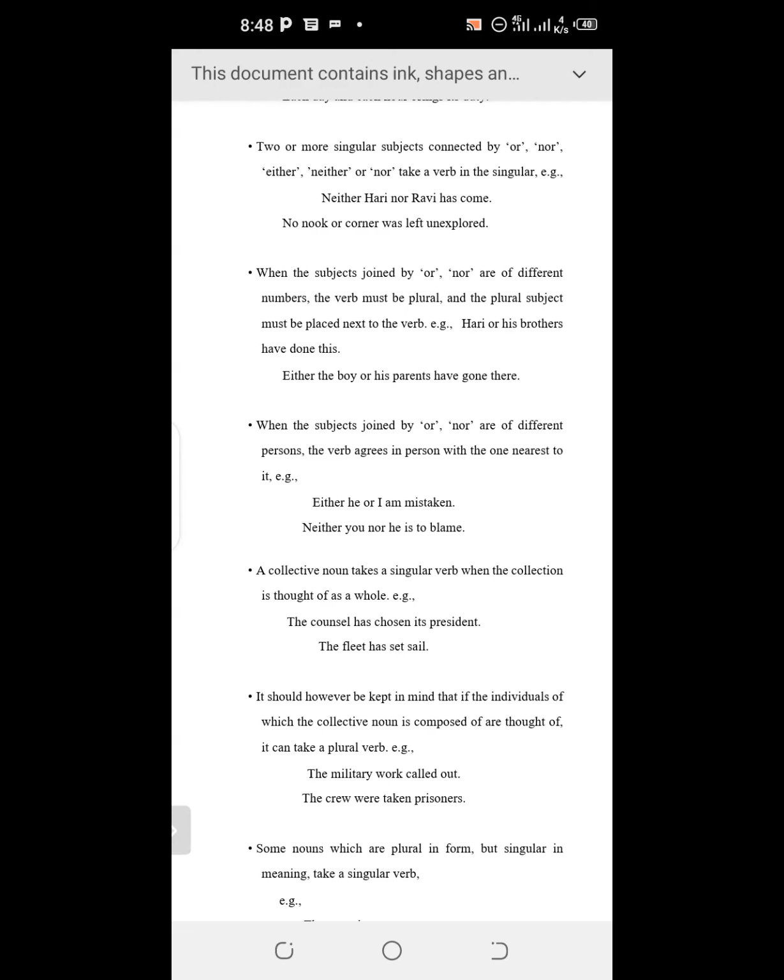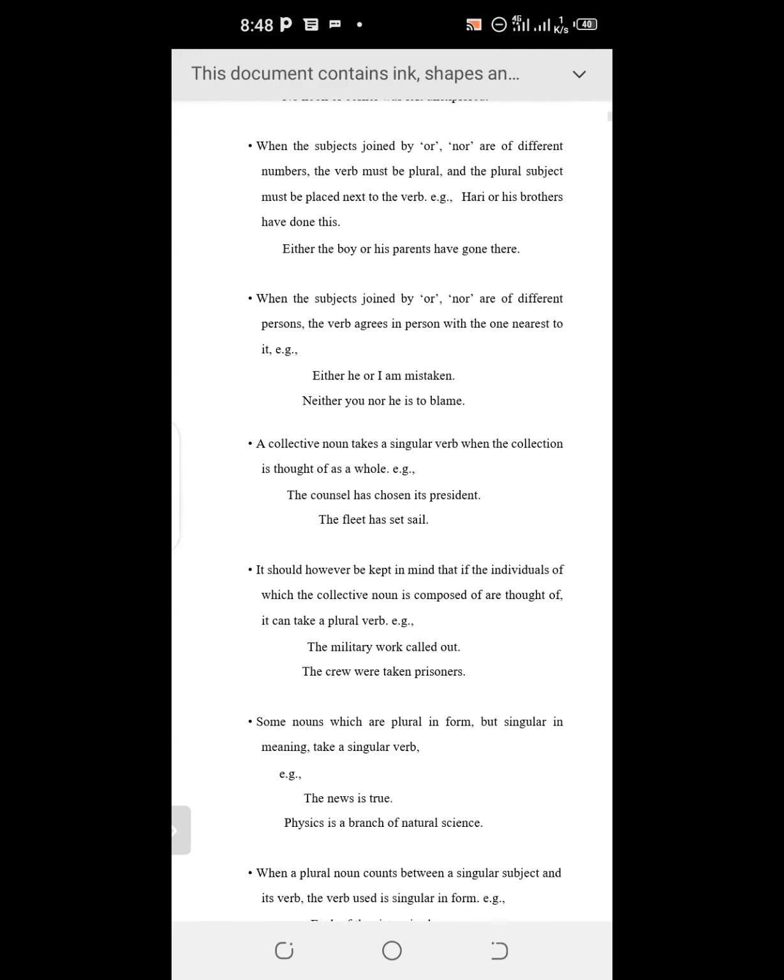Has done this इसलिए नहीं आएगा because his brothers is plural. अगर his brothers की जगह only brother, Harry or his brother, then has would be the proper answer. Either the boy or his parents have gone there.